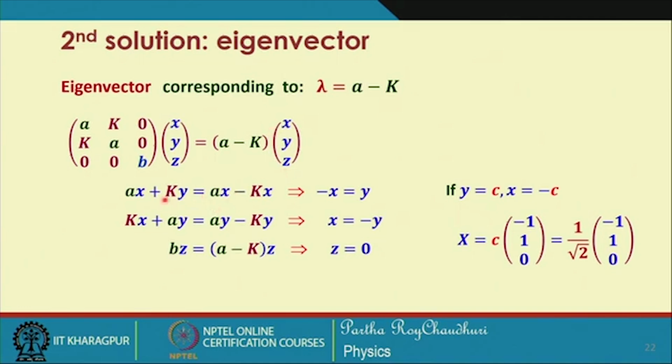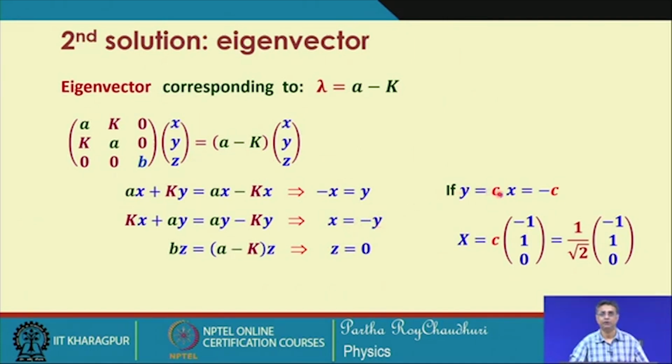Therefore, we again get three simultaneous equations. From a x plus k y, you can remove a x from either side, that tells you that k y equal to minus k x, which is very straightforward, that is, y equal to minus x. From the second equation, if you remove a y, you get k x equal to minus k y, which also gives you the same relation.